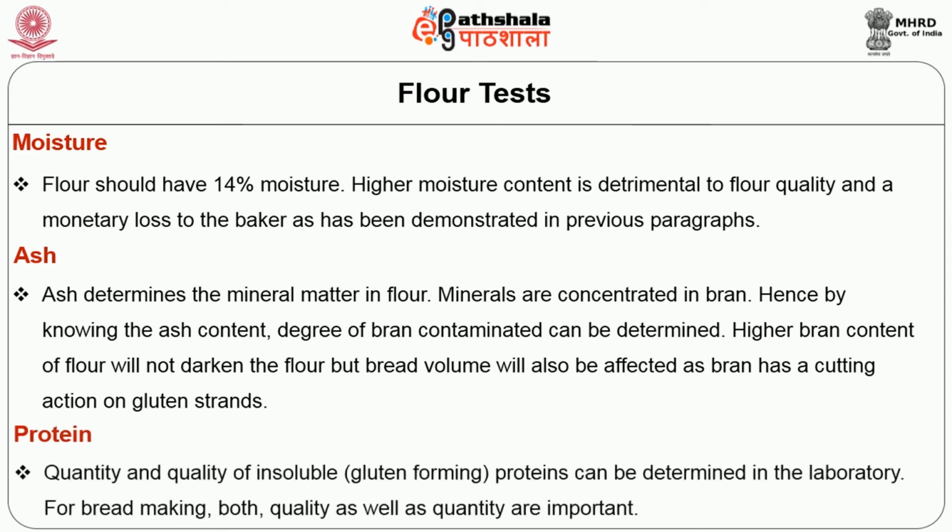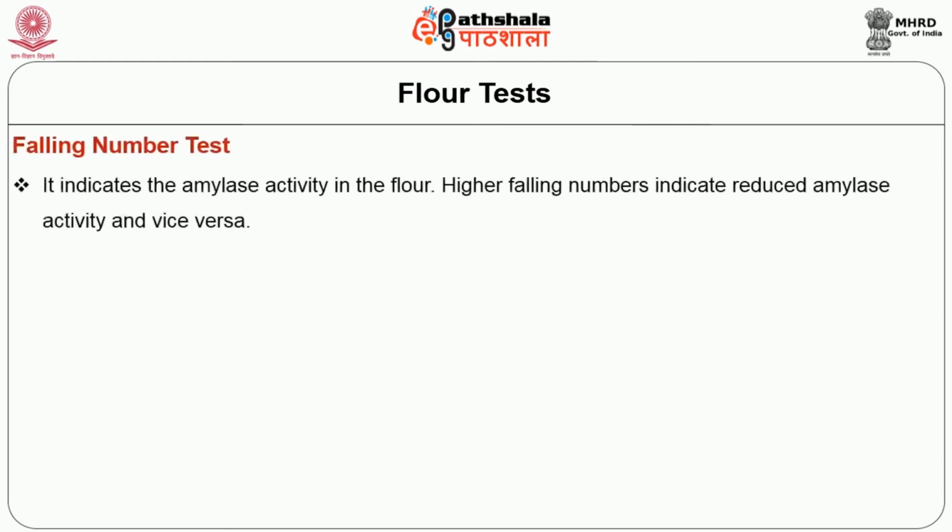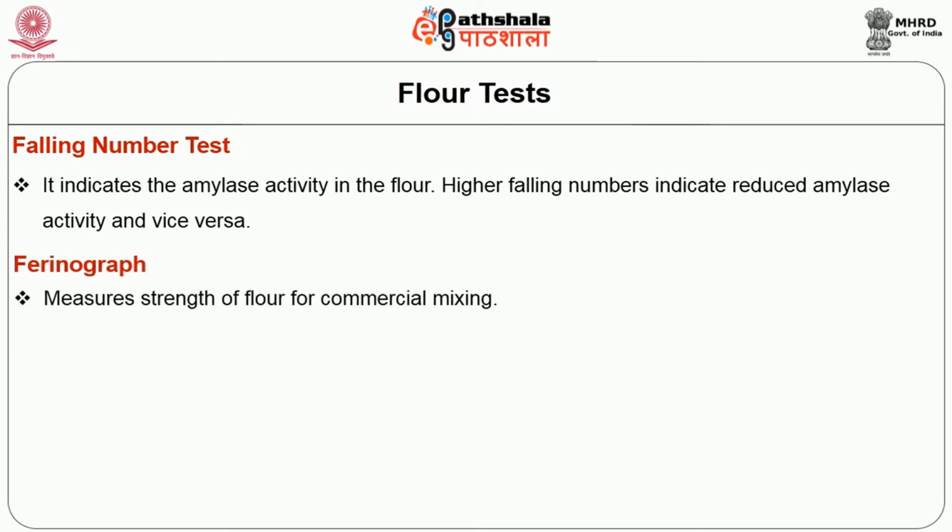Protein. The quantity and quality of insoluble proteins can be determined in the laboratory. For bread making, both quality as well as quantity are very important. Falling number test. It indicates the amylase activity in the flour. High falling numbers indicate reduced amylase activity and vice versa. Farinograph, which measures the strength of the flour for commercial mixing.